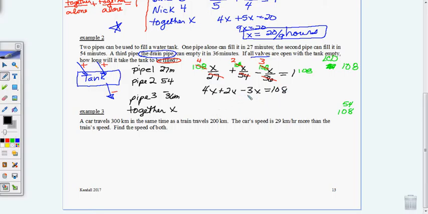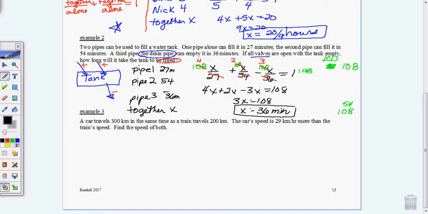So add those together. 3x equals 108. x would equal 36 minutes. And that's how long it would take to fill that tank if all 3 pipes were open, including the draining one.